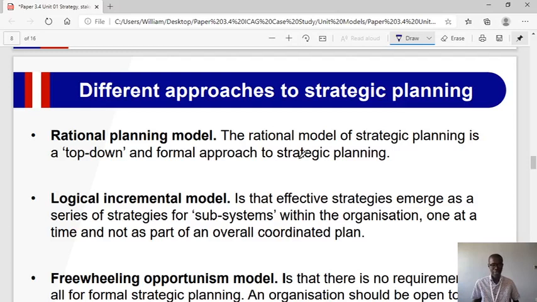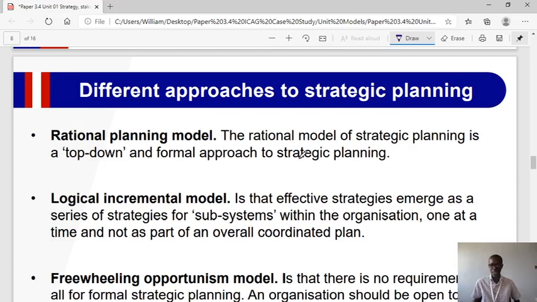We will be looking at three main approaches to strategic planning. And we will look at one, the rational planning model, which is what we will spend most of the syllabus exploring.